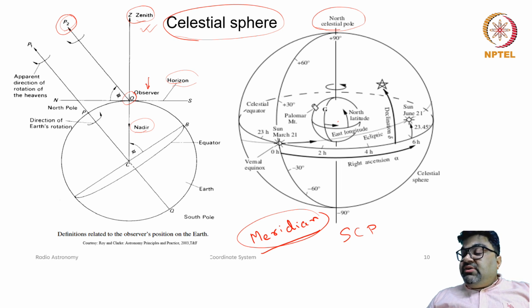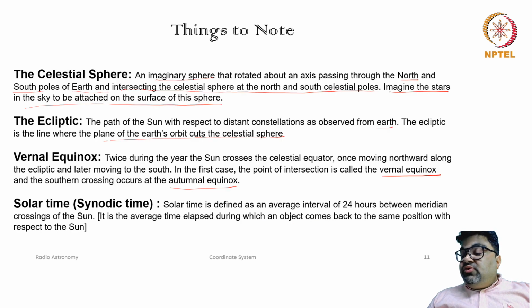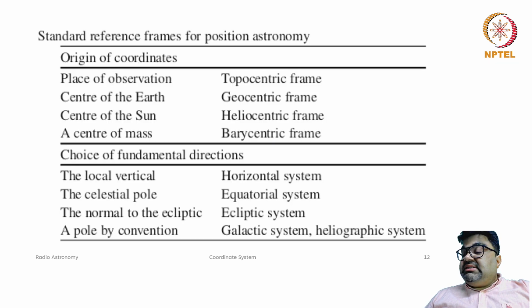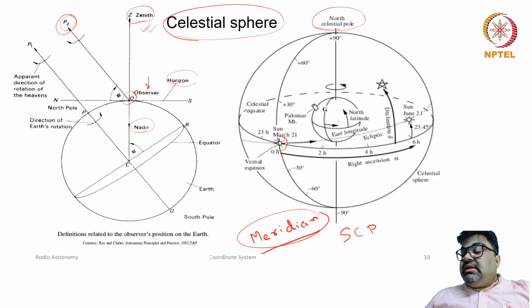So at the vernal equinox, the sun intersects this celestial equator and starts moving towards the north along the ecliptic, and later moves towards the south after crossing at the autumnal equinox.